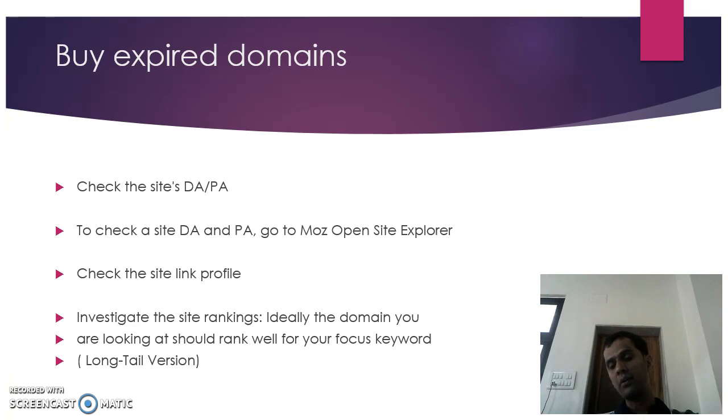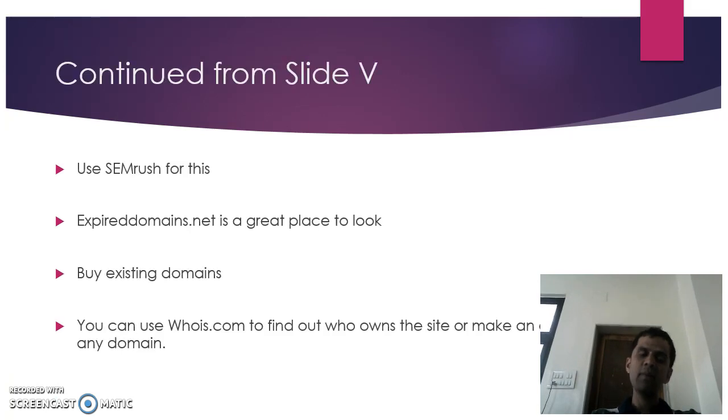It can turn out to be a long tail version. There's a fantastic tool which I personally like, called SEMrush. Try using SEMrush to extract data for your organic SEO campaign as well as your Google AdWords campaign.